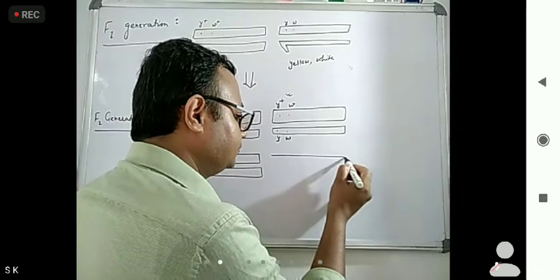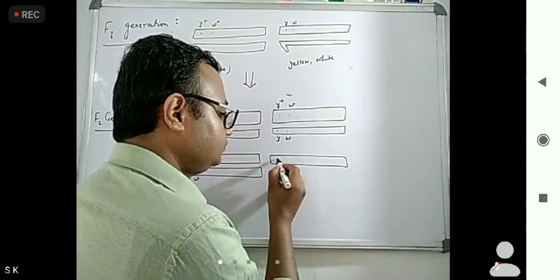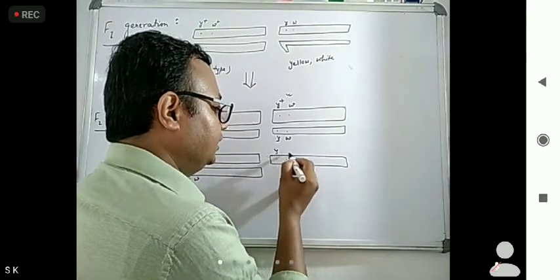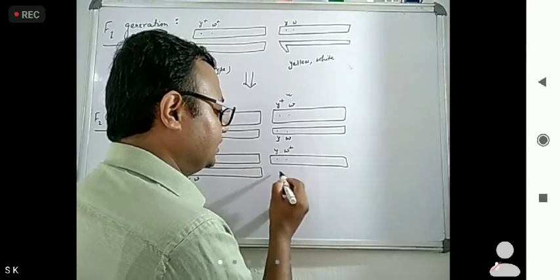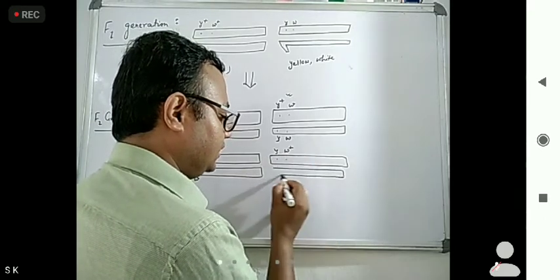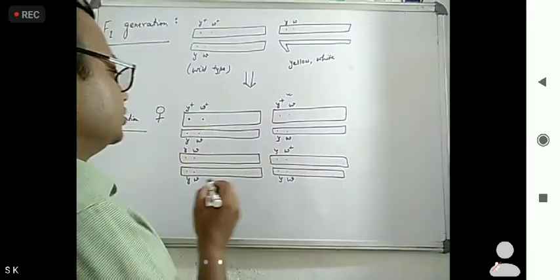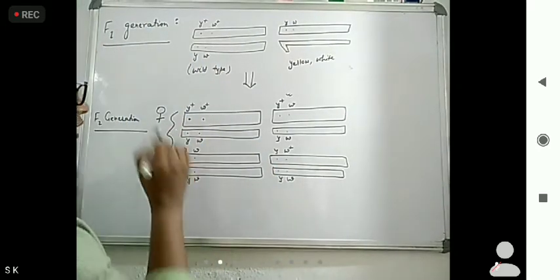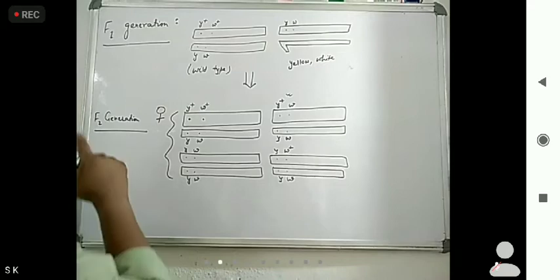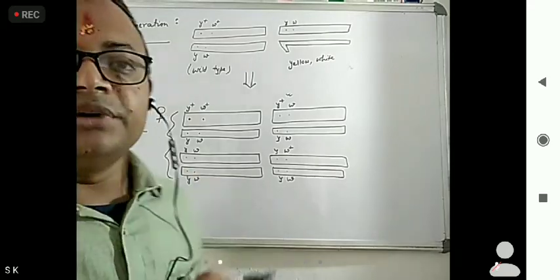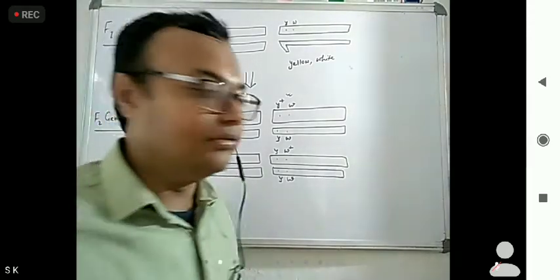Similarly, what came? Y, here came W plus, and here came YW. So these four types of female were received in the F2 generation. Similarly, four types of male will come.